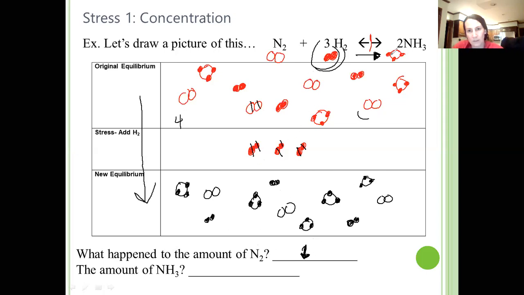And what happened to the amount of NH3? In my first one, I have 1, 2, 3 NH3s. And in my next one, I have 1, 2, 3, 4, 5 NH3s. So from here to here, the NH3 went up. Okay. So now we're going to put it into a rule.